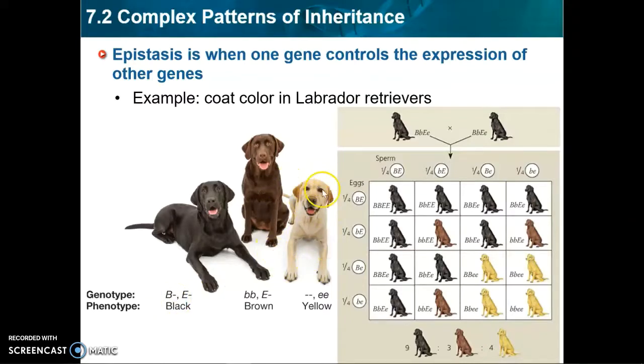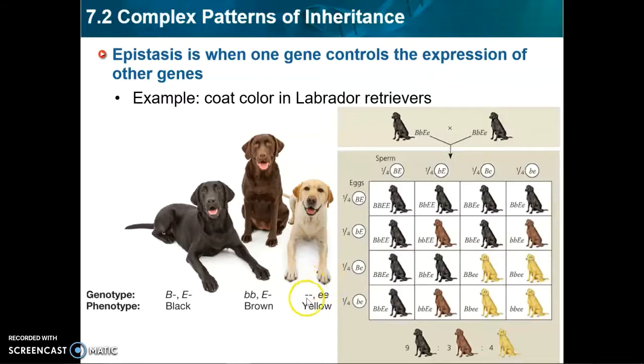But you may be wondering, where does this yellow lab come in? Well, this comes in if you look at gene E, and this is the epistasis, so that's why it's called E with the letter E. You'll notice that in this yellow lab, there are 2 recessive E alleles. That means that there is no expression of color at all.